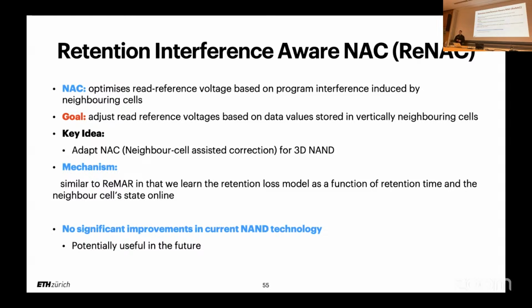Now, unfortunately, the paper didn't really find significant benefit to using this, but this is probably due to the fact that the technology node is bigger in 3D NAND, so these errors aren't as big of an issue. But because we want to scale memory eventually at some point, this will probably get much worse, and this is where the paper says, okay, we could probably use this in the future and actually see better results.